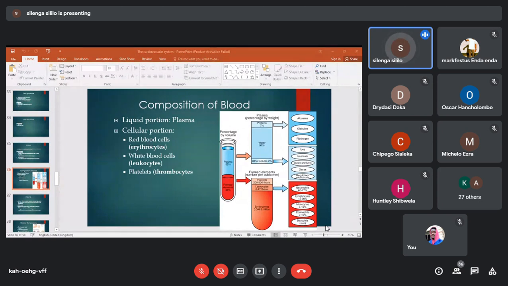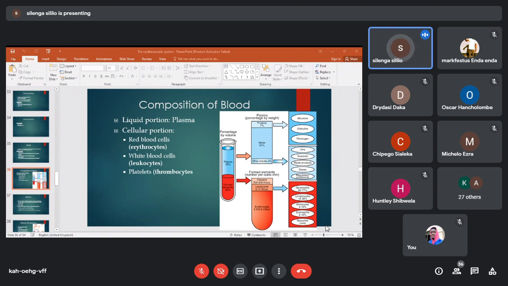Because of that, you expect these percentages of plasma to fluctuate between 55 and 45, somewhere in a range. Why is it a range? Because it differs from species to species. Even within the same species, for human beings, males versus females, males have less volume compared to females. So that is the composition of blood.